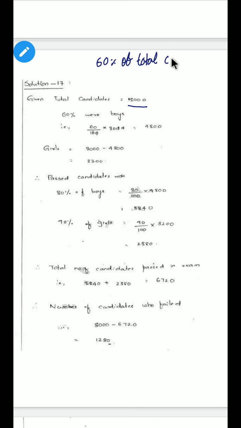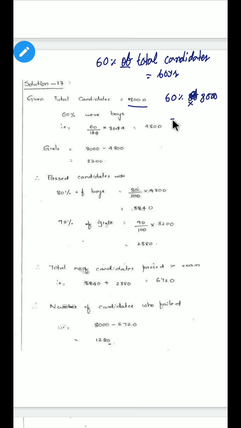So how to get the number of boys? 60% of the total candidates. Here 'of' means multiplication, and the total number of candidates is 8,000.